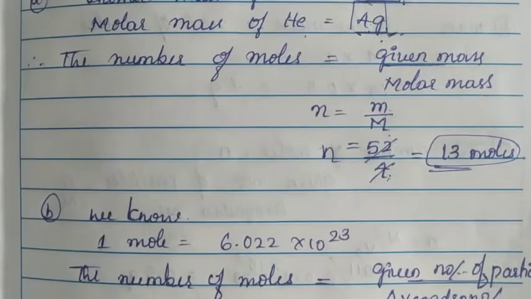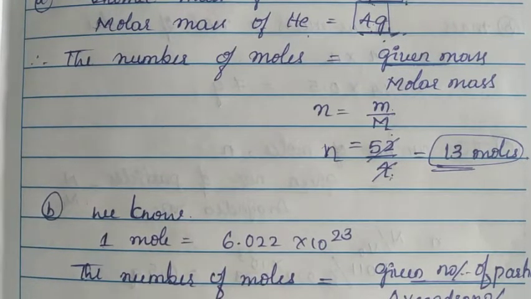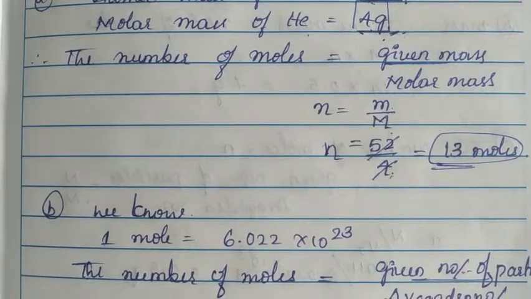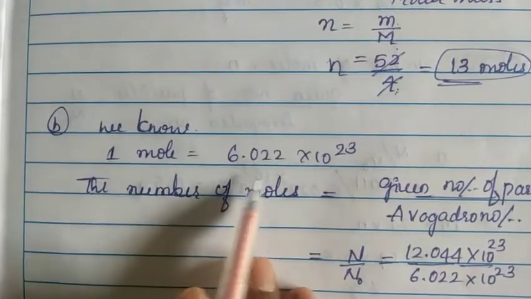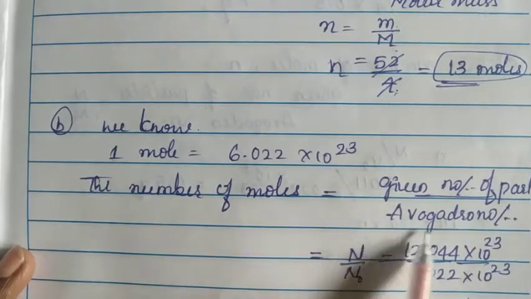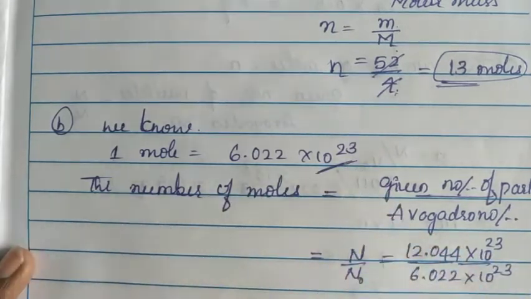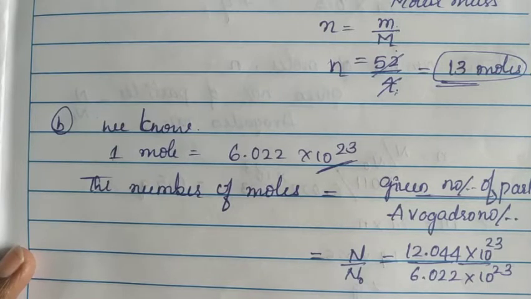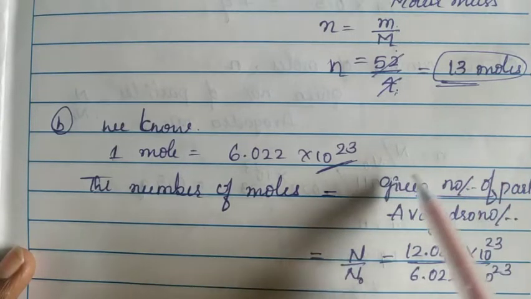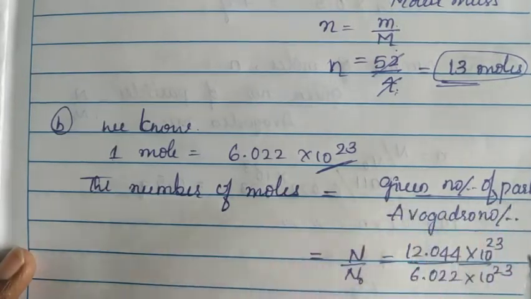Now come to the second question: 12.044 × 10^23 helium atoms. How many moles is this? The number of moles is equal to the given number of particles divided by Avogadro number. In such cases, where the quantity is given in terms of number, we take the ratio of given number of particles to the Avogadro number.